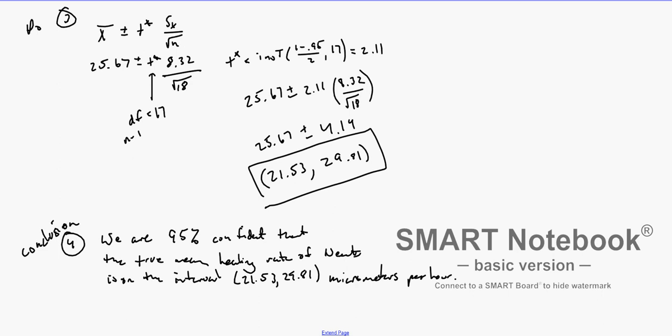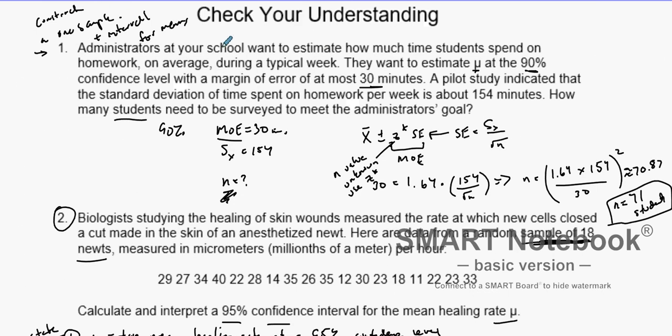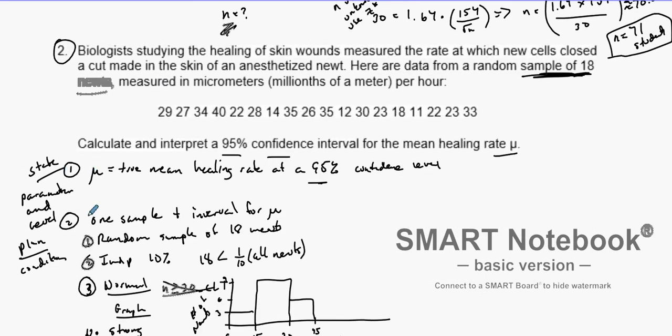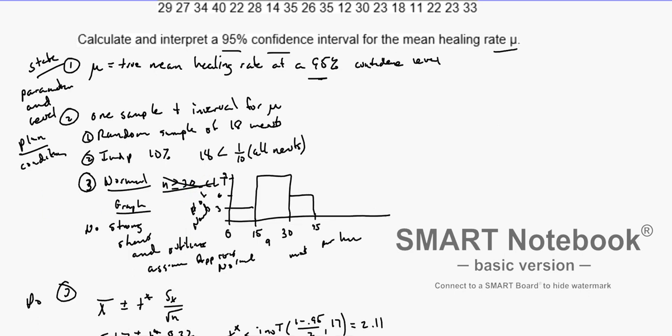Awesome. So what did we just do here? We found what n is, using what we know about t intervals and margin of error. We then went through the four-step process of stating the parameter and the level, and the plan of a one-sample t interval for a mean, checking the conditions: random, independent, and graphing the data to make sure we didn't have any strong outliers or skews, because we couldn't use the central limit theorem and we didn't know if it was normal.